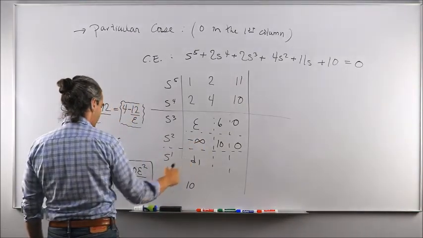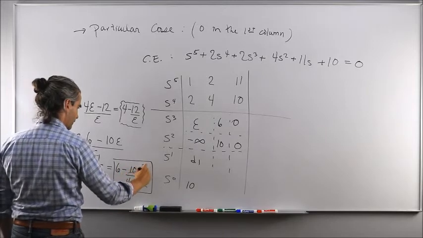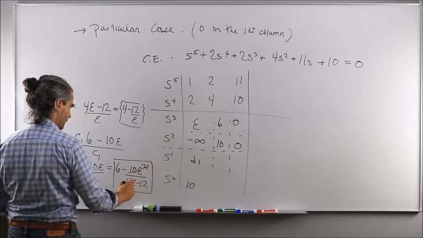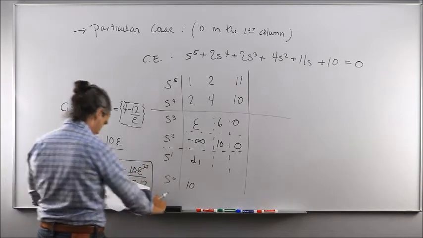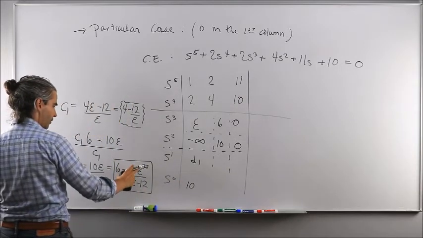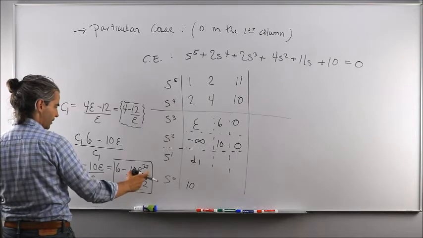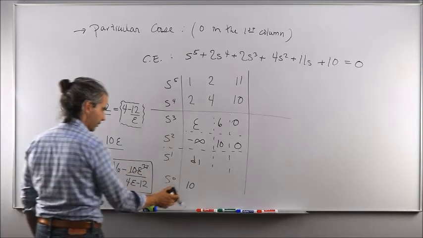And for D1, I will get 0. That would just be 6, because that would be 0 over minus 12. So 0. So 6 minus 0, 6. Okay?